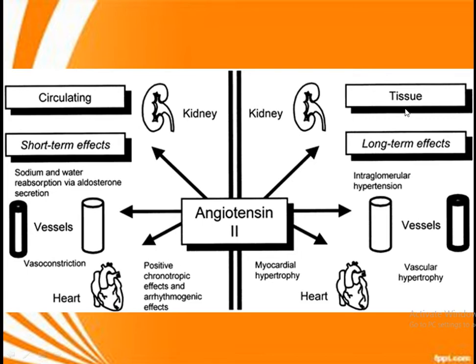At the tissue level, the long-term effects include intraglomerular hypertension. You can see the vasoconstriction here, where the internal bore is now lesser than this one, showing the vasoconstriction. Vascular hypertrophy can also take place in the long-term effects.